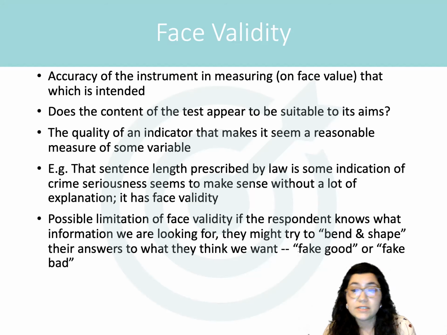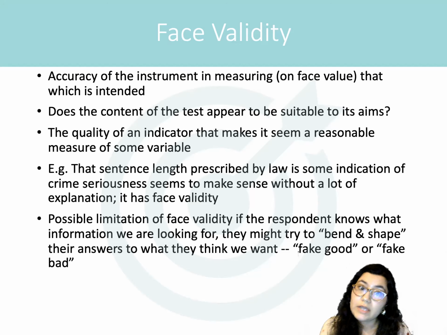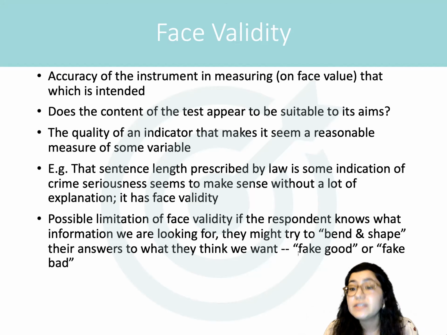It has face validity. But there might be a limitation. For example, in that example, there may be people who have committed very severe crimes, but maybe they have a lot of earned time off from their sentence length. So that might not be the best indicator in that instance.